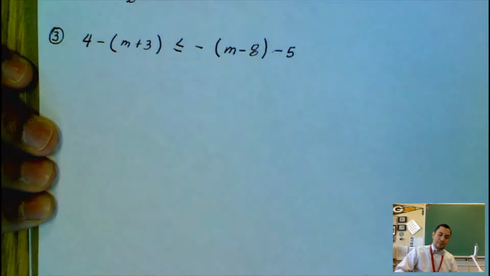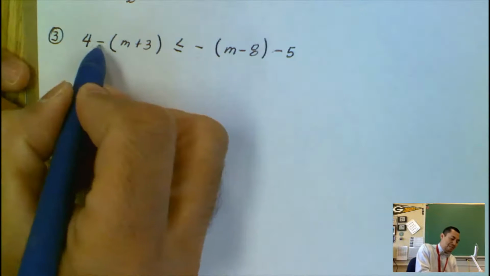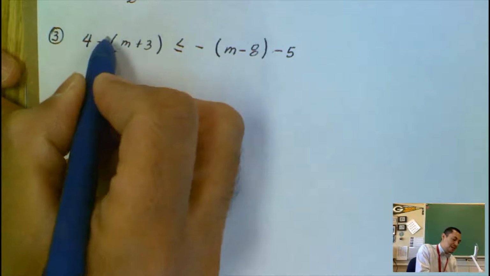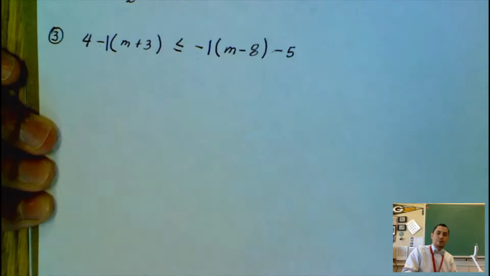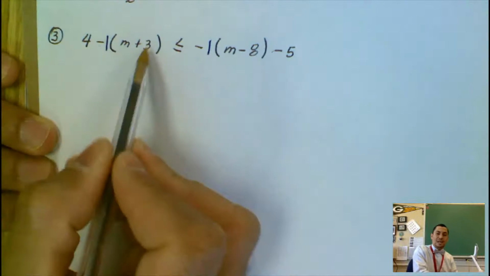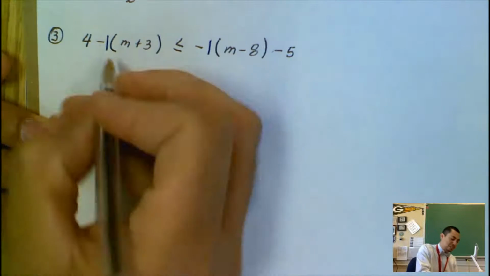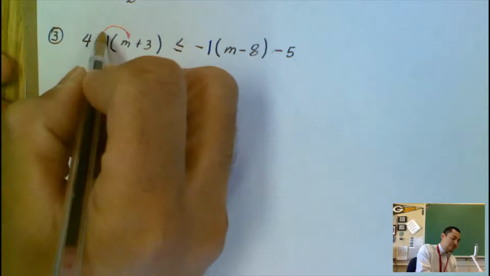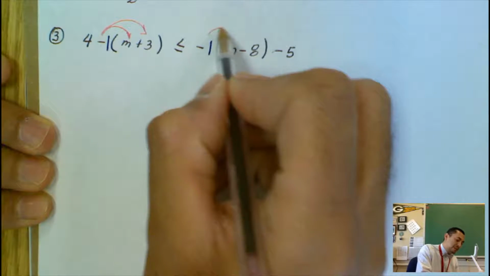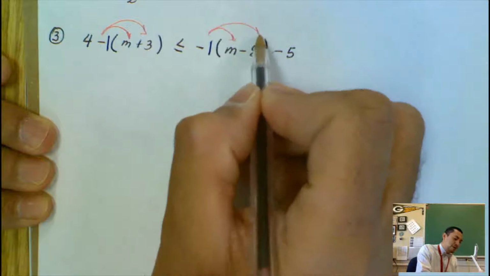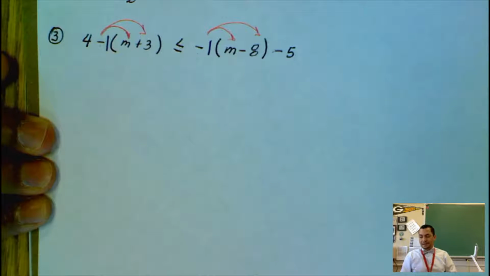Now, we need to be careful because that negative doesn't have any number. That means you can put a 1 if you want. That's what I'm telling my students. Put 1 and then apply distributive property. In other words, that sign is going to change the signs that are inside the parentheses. -1 times m, -1 times 3, -1 times m, and -1 times -8.